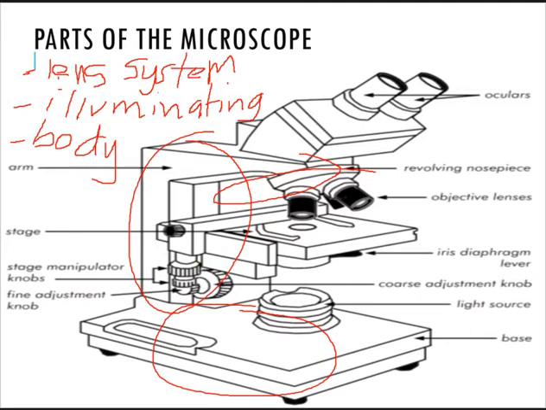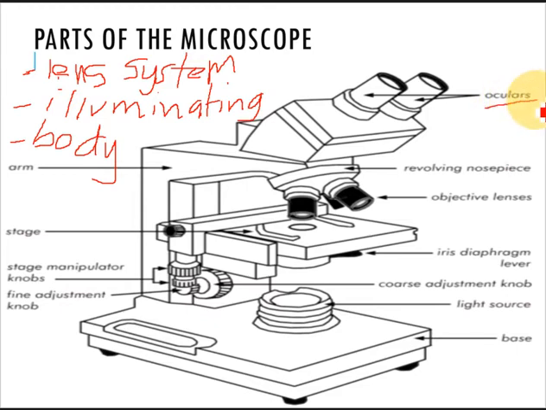Now, the primary components of your lens system are your oculars, your objective lenses, and your coarse and fine adjustment.